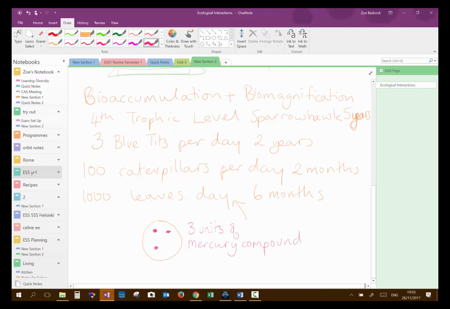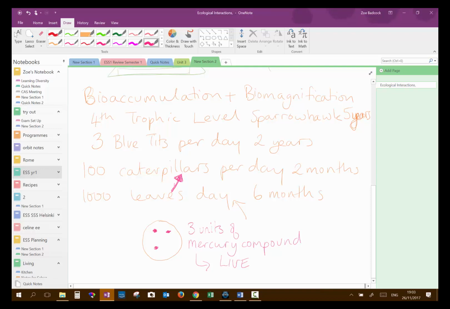And 3 units of mercury compound means that they still live, but they've got some toxin, some pollutant inside of them. Now, the caterpillar is eating lots of the leaves.